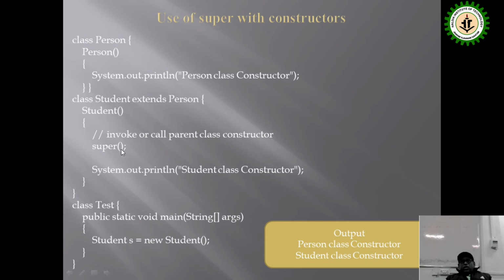Now I call super, which invokes the parent class constructor. Then System.out.println prints the student class constructor. When we create the object, Student equals new Student, the output will be the person class constructor and then the student class constructor.